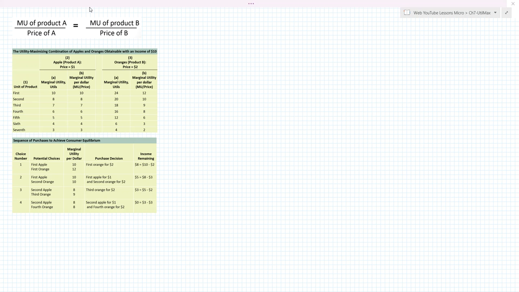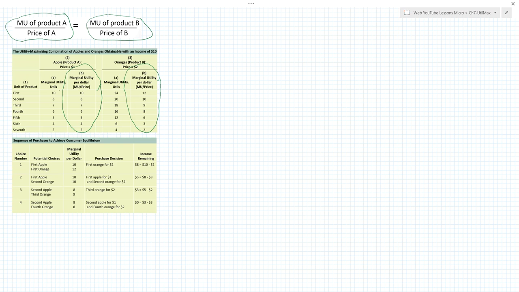So what he's done in these two columns is, in this column, he's calculated that ratio of the marginal utility per dollar spent on one good. We could assume maybe that's the marginal utility per dollar spent for apples. And then in this far right-hand column, he's calculated that same ratio, the marginal utility per dollar spent on oranges, and we could say, well, maybe that's the marginal utility per dollar spent on product B in our equation here.